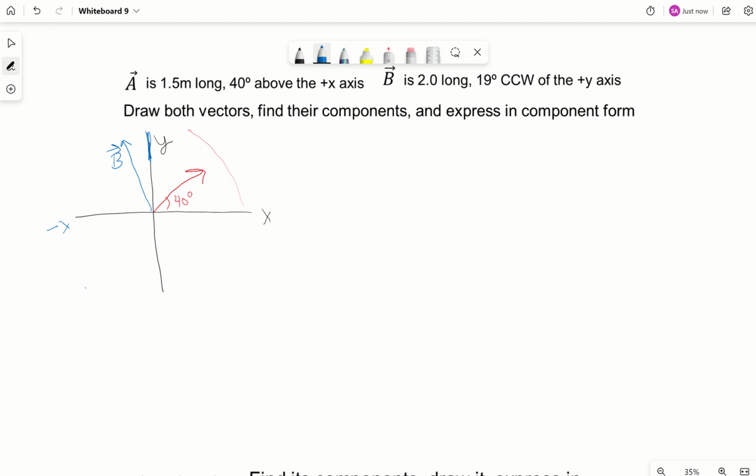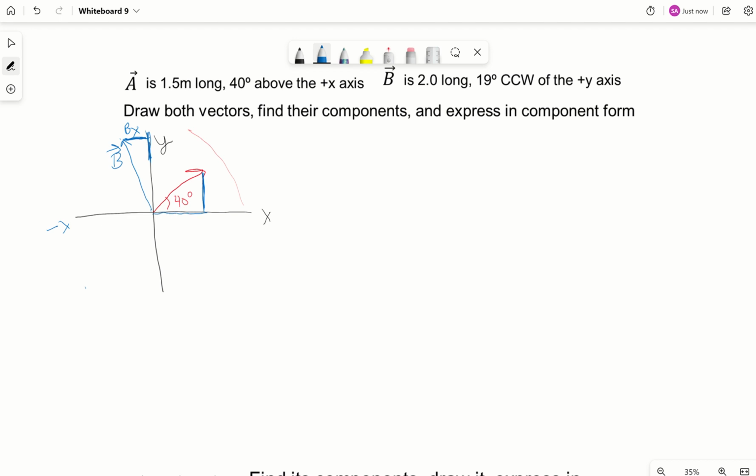All right, so what are their components? Well, if I draw a right angle triangle, so I take a line and I drop it perpendicular to the closest axis. All right, so BX is the side that's parallel to the x direction.